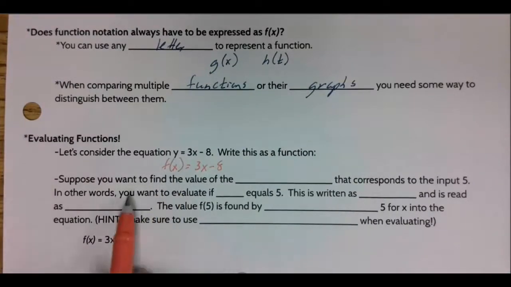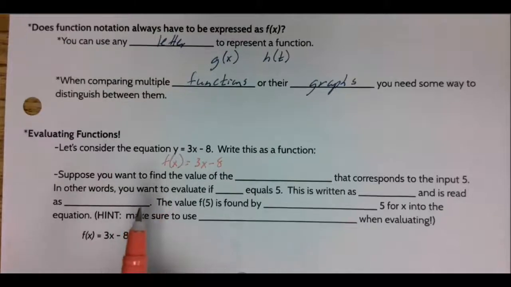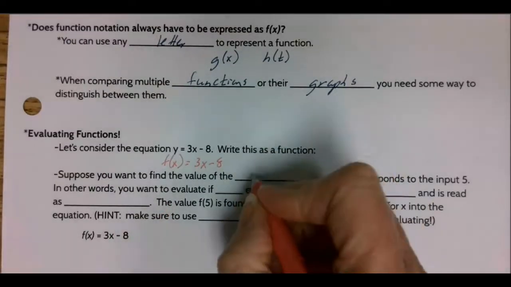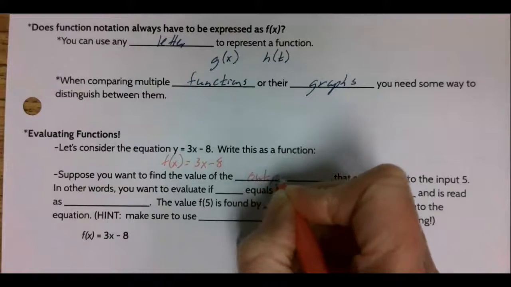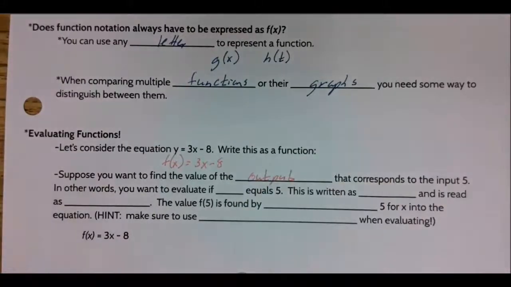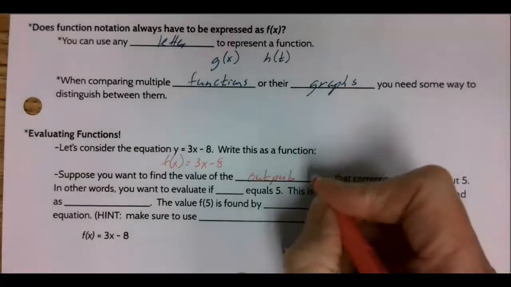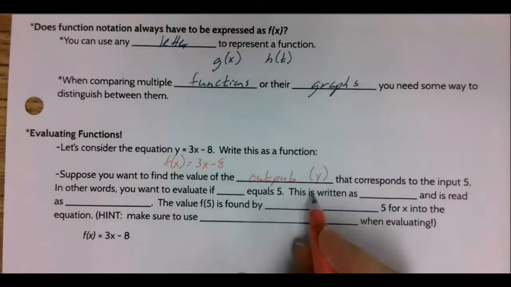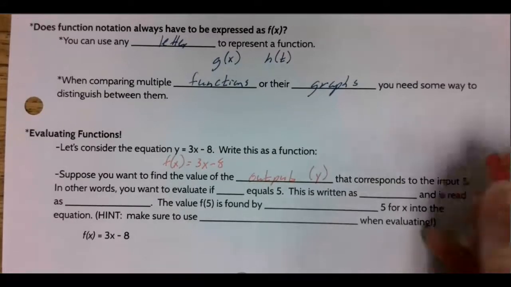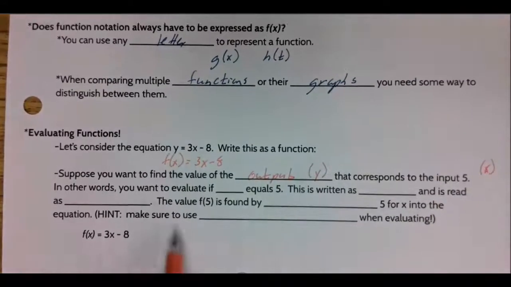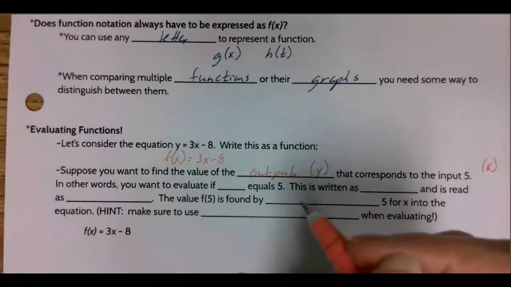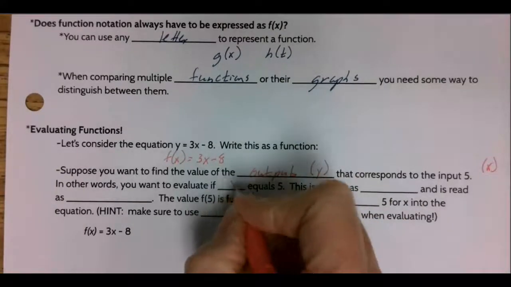Now, suppose you want to find the value of the output. Okay, this is all mathematical words. We'll get to it. Don't worry. That corresponds to the input of 5. So in other words, typically that would be our y, and we want to put in our x value, 5. You want to evaluate if x equals 5.